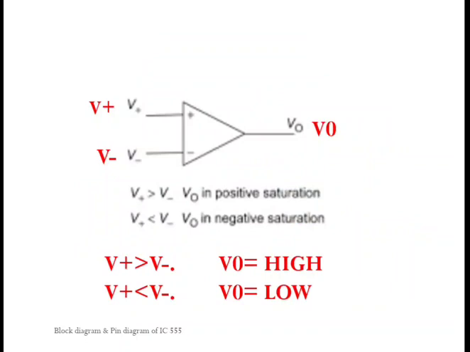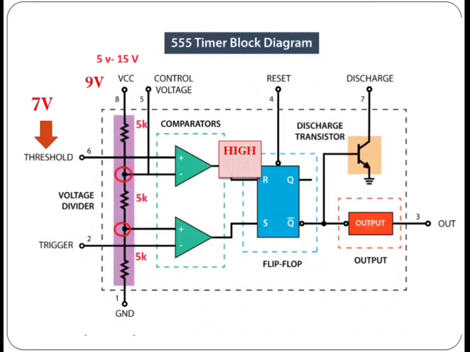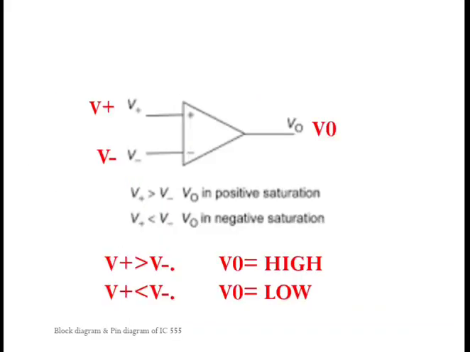Now a brief recapitulation of what a comparator can do. Here a comparator is there. In this comparator, there are 3 terminals: 2 input terminals and 1 output terminal. Of the 2 input terminals, one is the non-inverting input terminal, denoted as V plus, and another is denoted as V minus, the inverting input terminal.